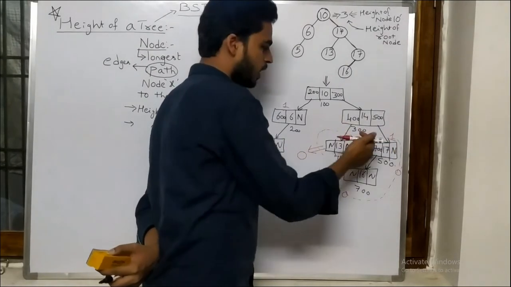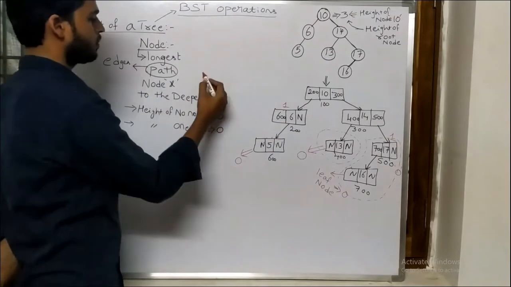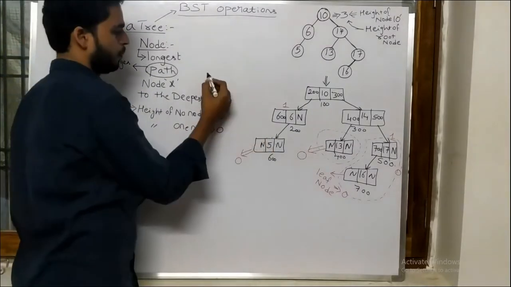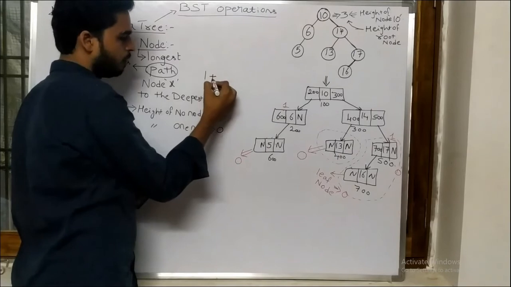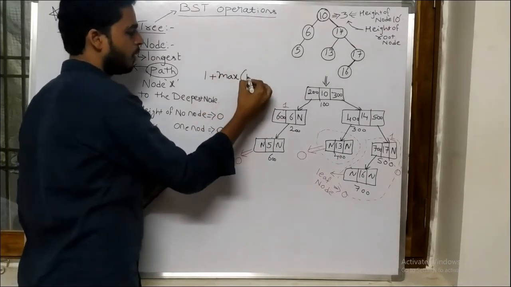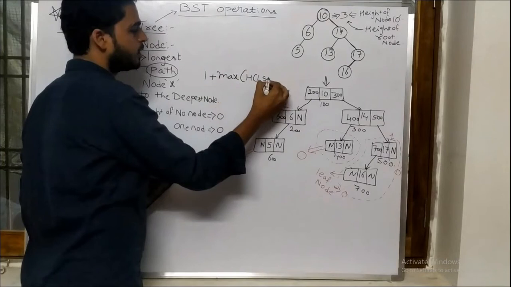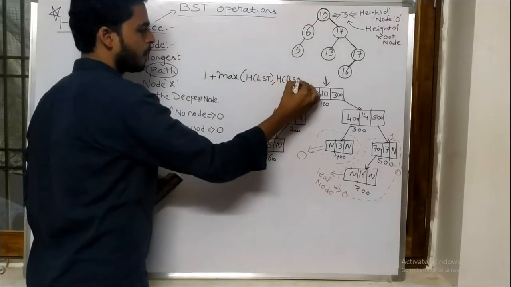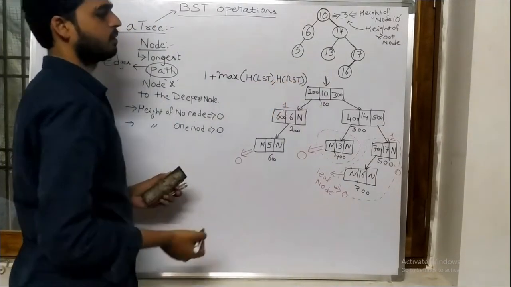That's it. So for that, what I am writing is: the height of a particular node is 1 plus the maximum of the height of the left subtree, comma, the height of the right subtree.